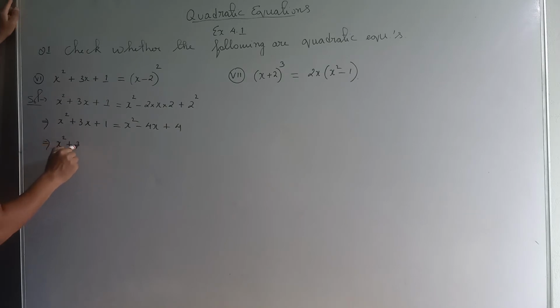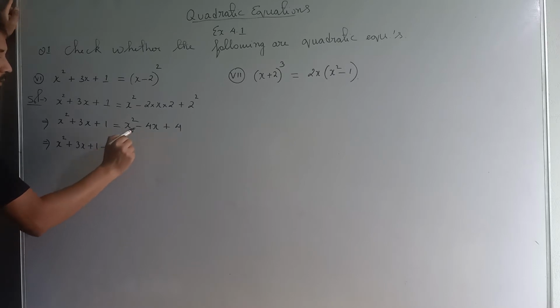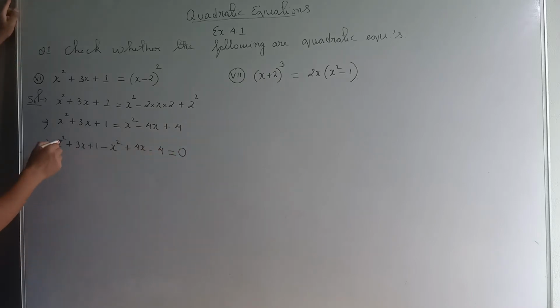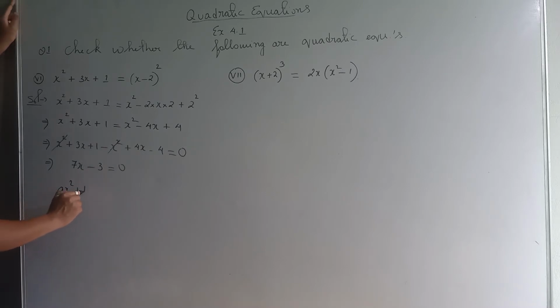x squared plus 3x plus 1, and then we have minus x squared, and then plus 4x, and then minus 4 equal to 0. x squared minus x squared cancels out. 3x plus 4x is 7x, 1 minus 4 is minus 3, equal to 0. Now this equation is not of the form ax squared plus bx plus c equal to 0. The term containing x squared is missing here, right?